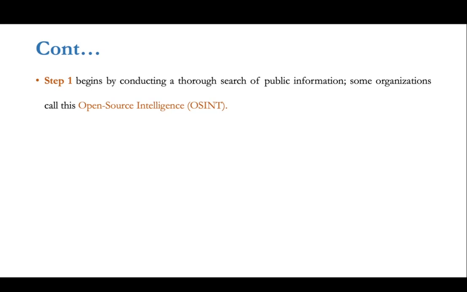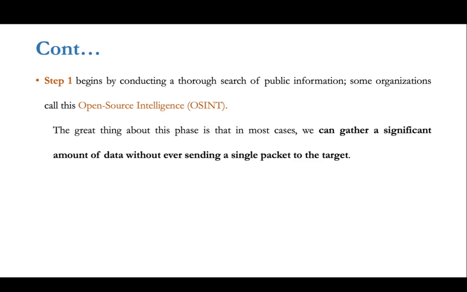Although, it should be pointed out that some tools or techniques used in reconnaissance do in fact send information directly to the target. So it is important to know which tools do and which tools do not touch the target.